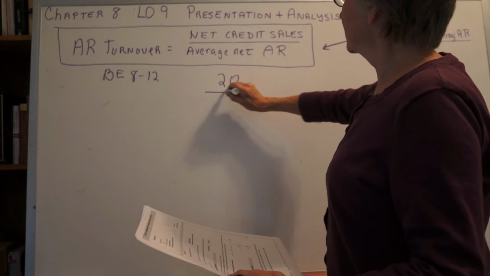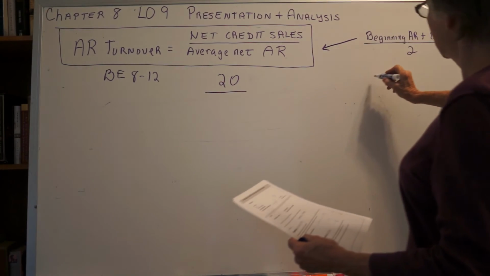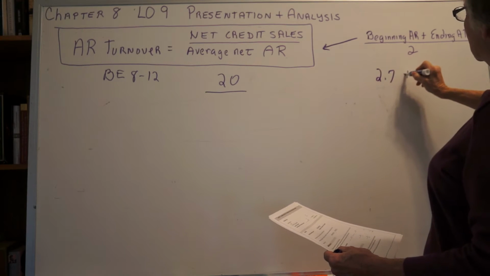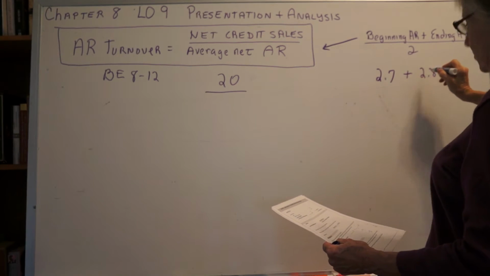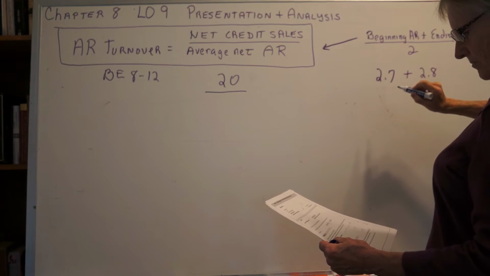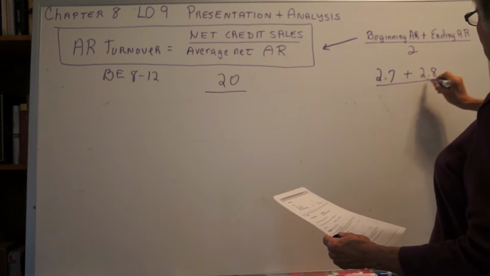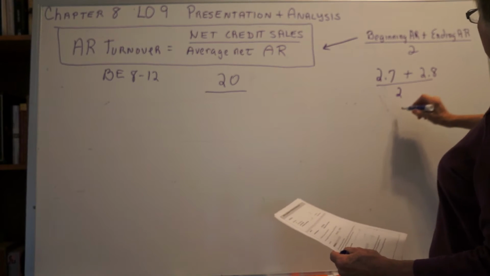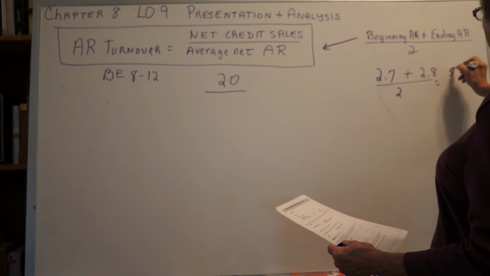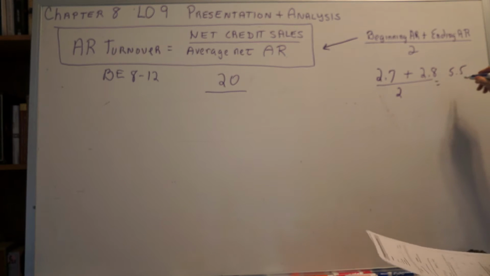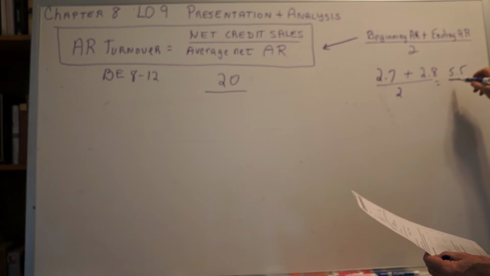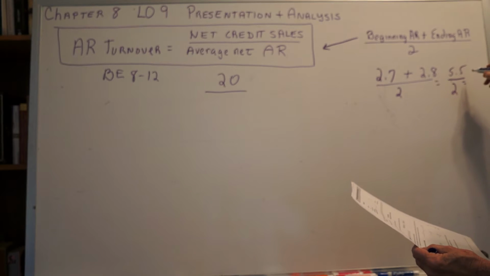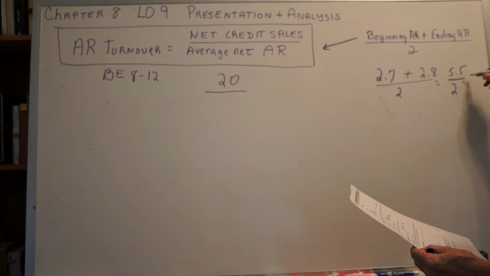We go beginning plus ending, 2.7 plus 2.8, and divide that by 2. 5.5 divided by 2 equals average accounts receivable of 2.75.